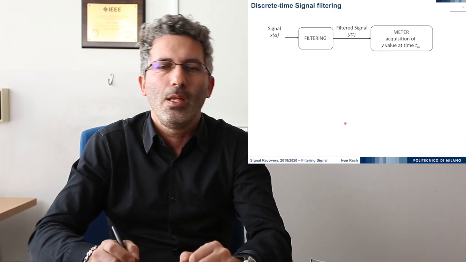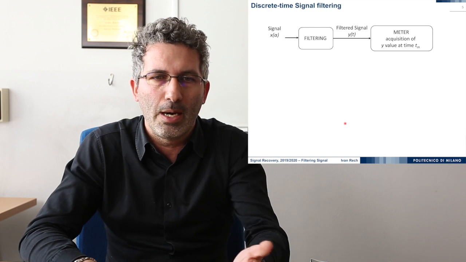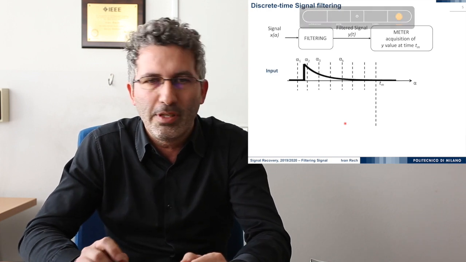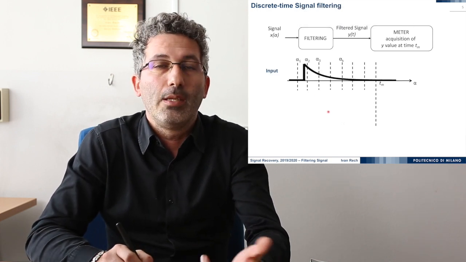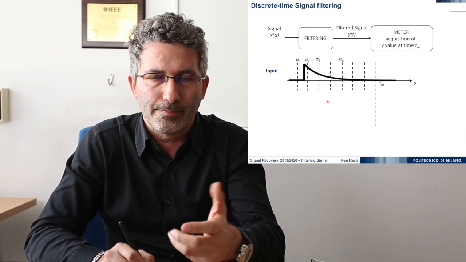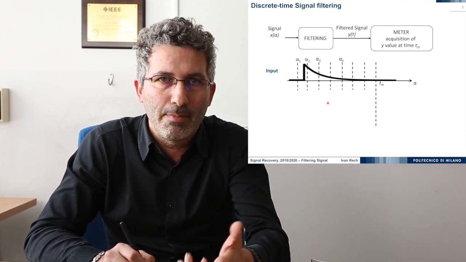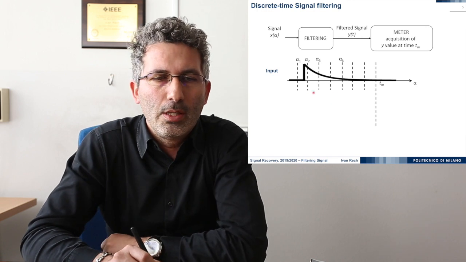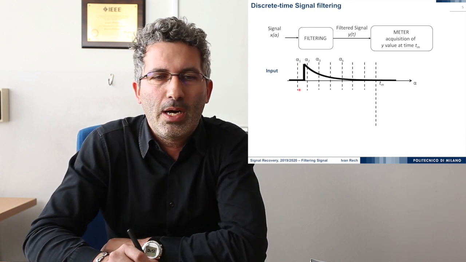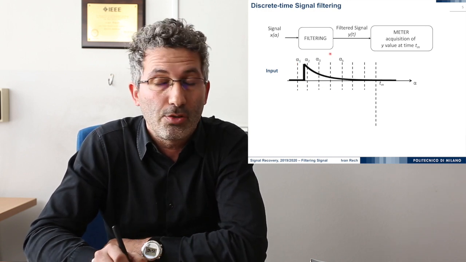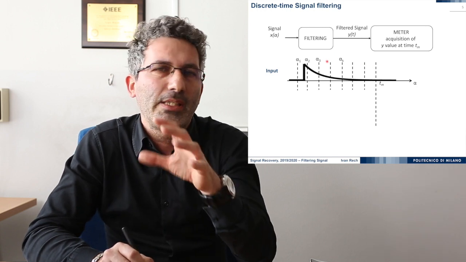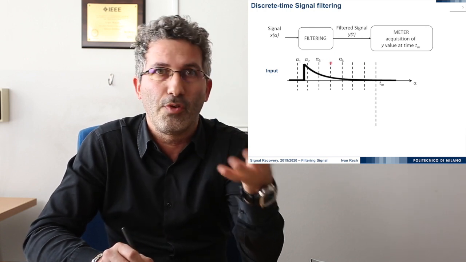So, let's go on with our system, and let's try to define the sum with different weights. So this is the input. I have alpha 1, alpha 2, alpha 3, and so on, which are the samples that I would like to use for my filter.